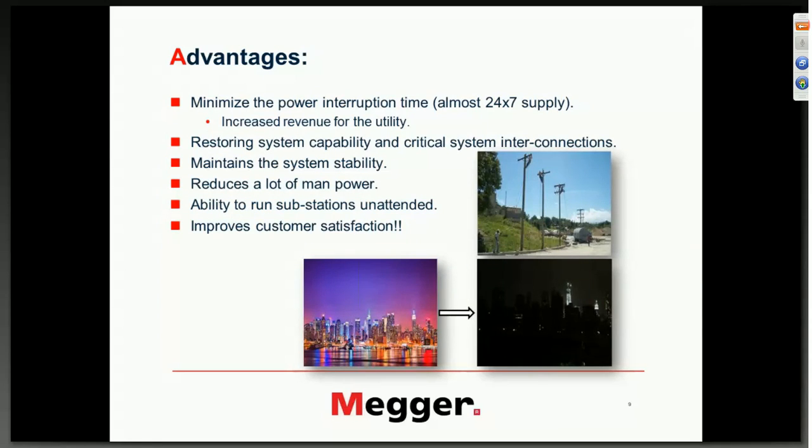So you minimize the power interruption time. Not just that, when you have a recloser in your system, especially on a transmission line, you're restoring the system capability and also the critical system interconnections. Sometimes there is a tie, and whenever there is a fault in the tie system, you might want to restore the power flow as soon as possible, so that a huge area on the other side does not get affected.